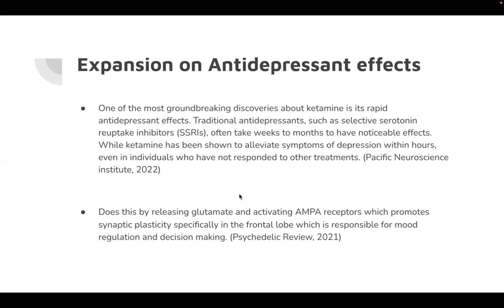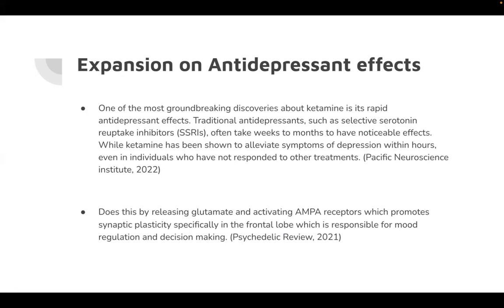And then, yeah, here's an expansion on how it works more with the antidepressant portion. I explained this a little bit in the mechanisms of action, but one of the most groundbreaking discoveries about ketamine is its rapid antidepressant effects. Traditional antidepressants, such as SSRIs, often take weeks to months to have noticeable effects, while ketamine has been shown to alleviate symptoms of depression within hours, even in individuals who have not responded to other treatments.